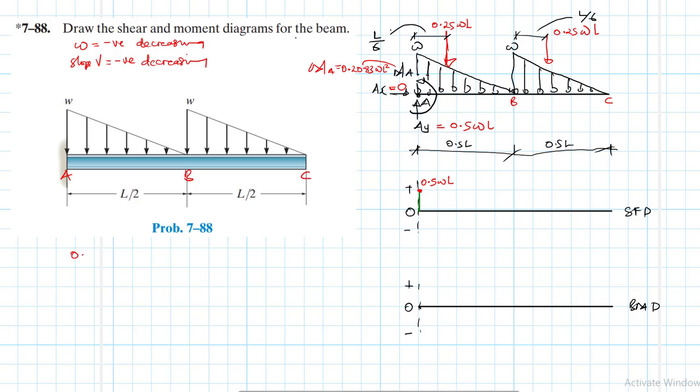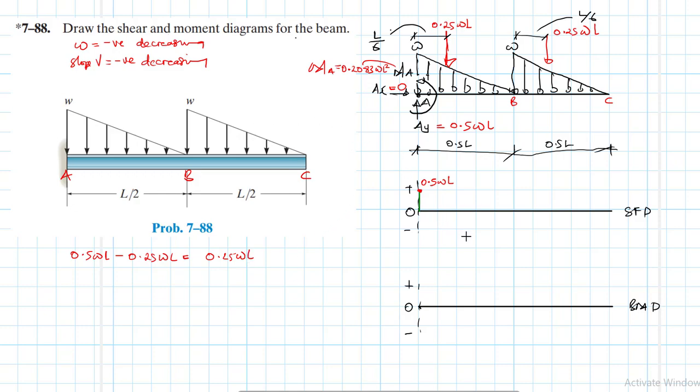So we have 0.5 WL, then minus the equivalent force there, which is 0.25 WL. So this gives us a positive 0.25 WL.